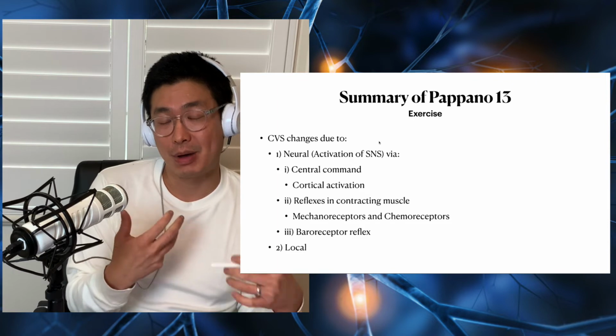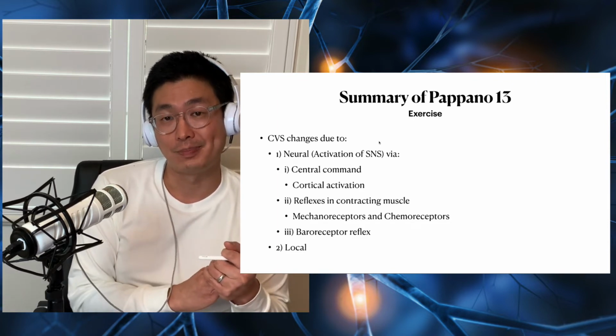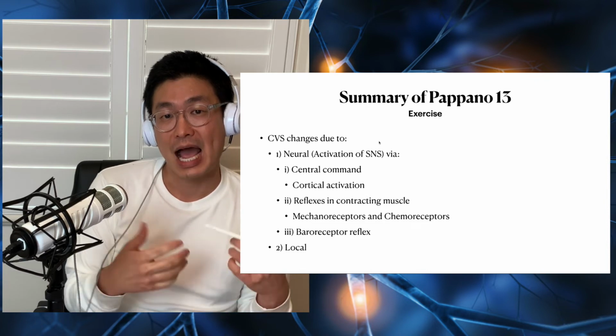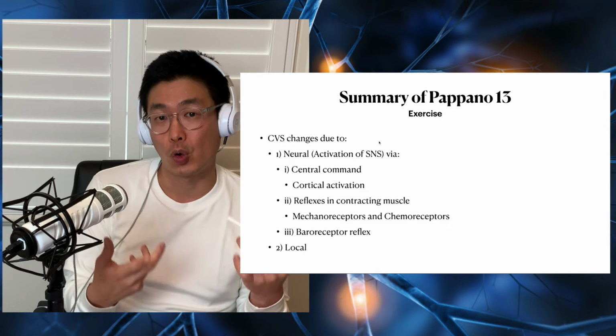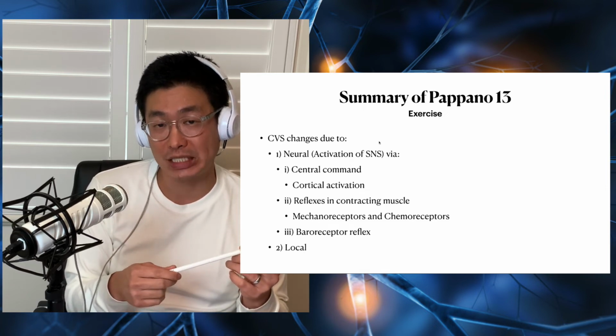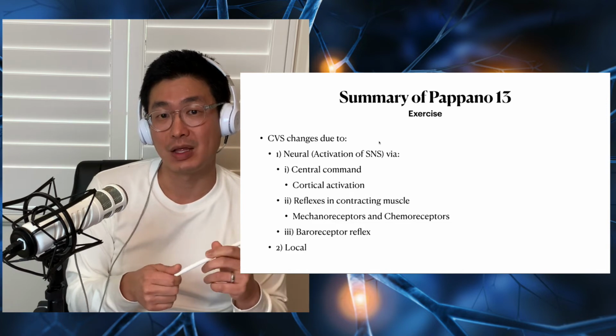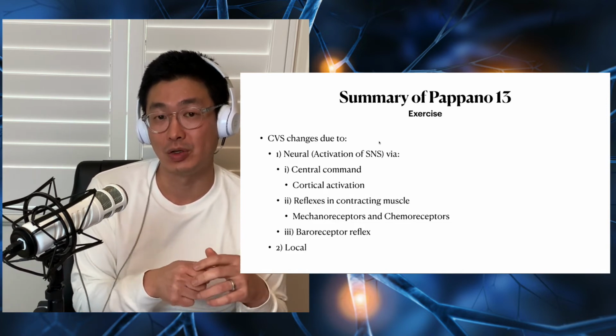And Pappano describes it really nicely, and I quite like the way that they've set this out: the activation of your sympathetic nervous system occurs through 1, central command or cortical activation, 2, reflexes in the contracting muscle, which can be either mechanoreceptors or chemoreceptors, and this is the one that the examiners were alluding to.